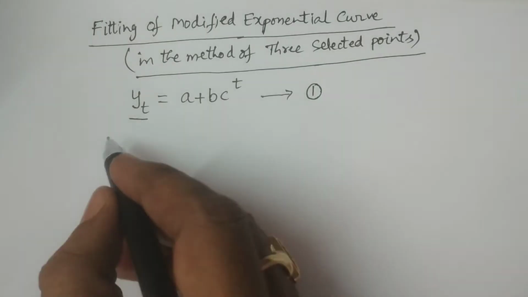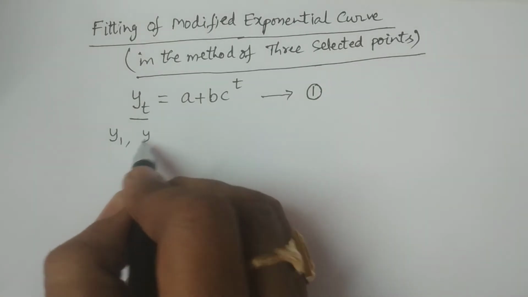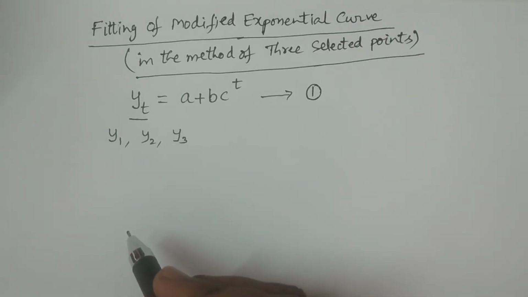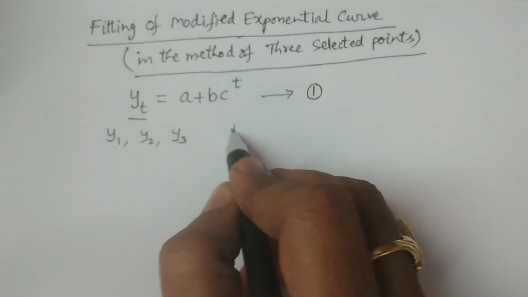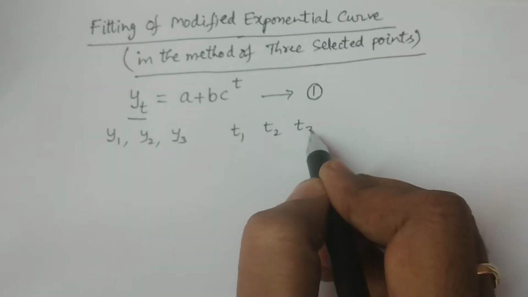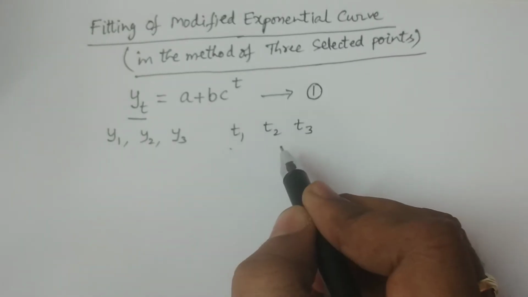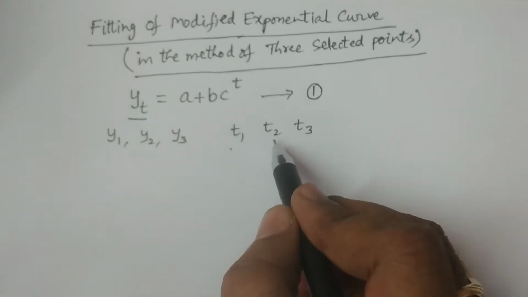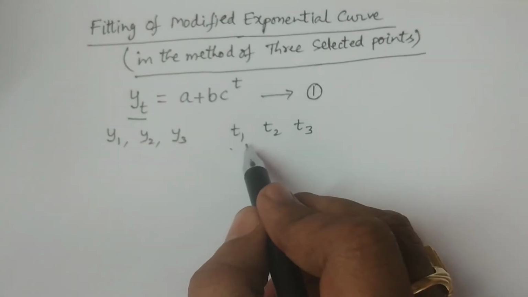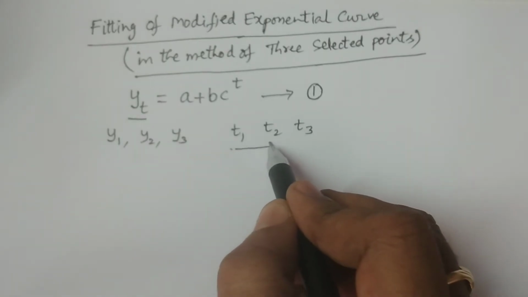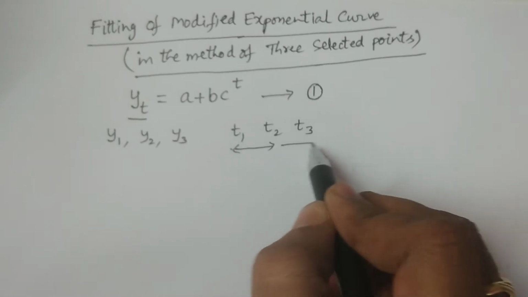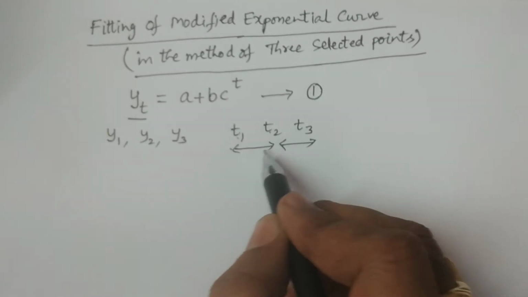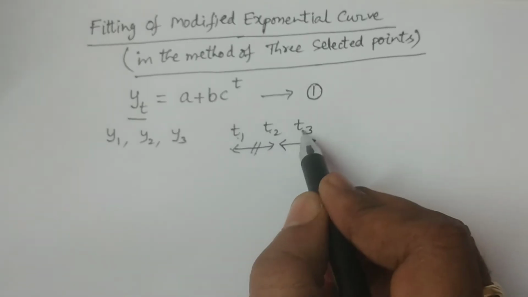So three ordinates y1, y2, y3 at the time periods t1, t2, t3. Three equidistant time periods, which means the distance from t1 to t2 is the same as the distance from t2 to t3.